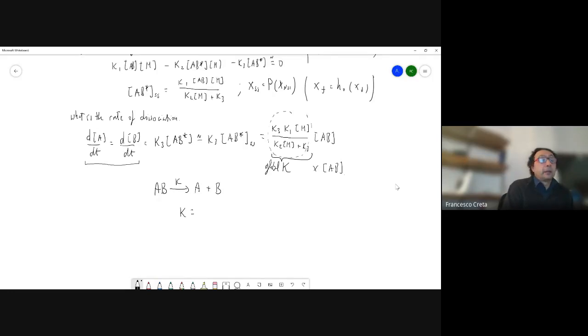Because clearly, dA by dt equals dB by dt, looking at this equation here, is nothing else but K times AB. Okay? So this K here can be used as this group here. So we have K3, K1, M, okay, divided by K2M plus K3.